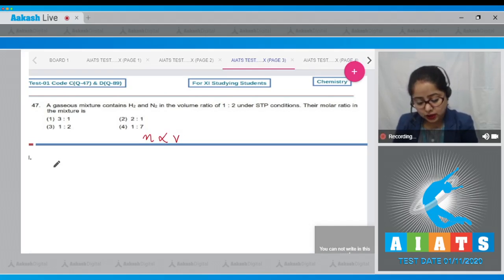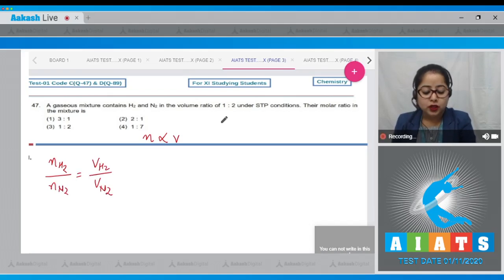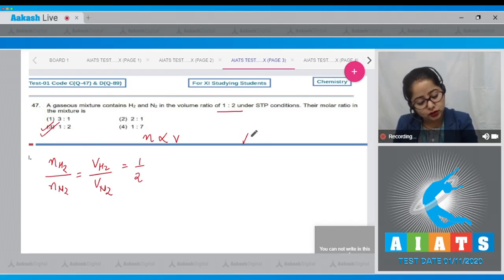That means the number of moles of H2 upon number of moles of N2 is equals to volume of H2 upon volume of N2. Here the volume ratio is given, which is 1:2. That means the molar ratio of H2 by N2 is 1:2. So the correct answer is option number 3.